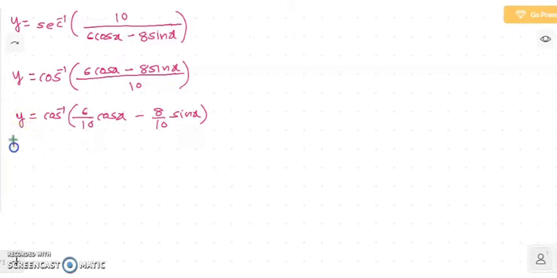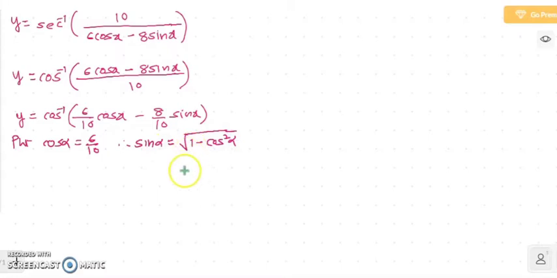So making those changes now, write 6 upon 10 as cos alpha. So put cos alpha is equal to 6 upon 10. Therefore sin alpha is going to be 8 upon 10, but let's show it. Solve the expression and find out its value.